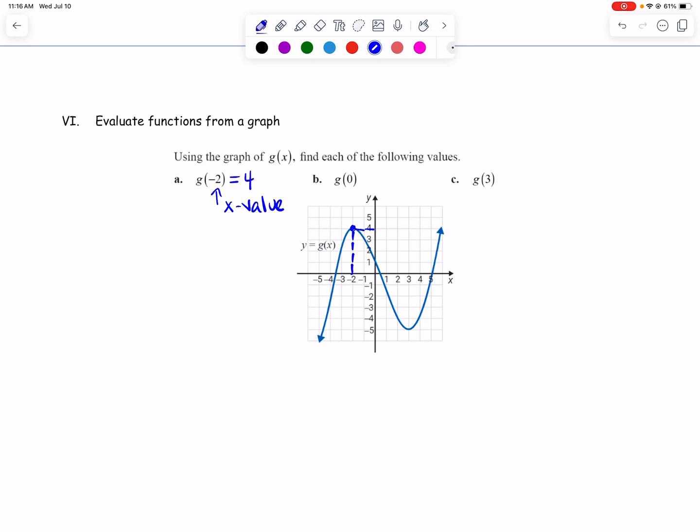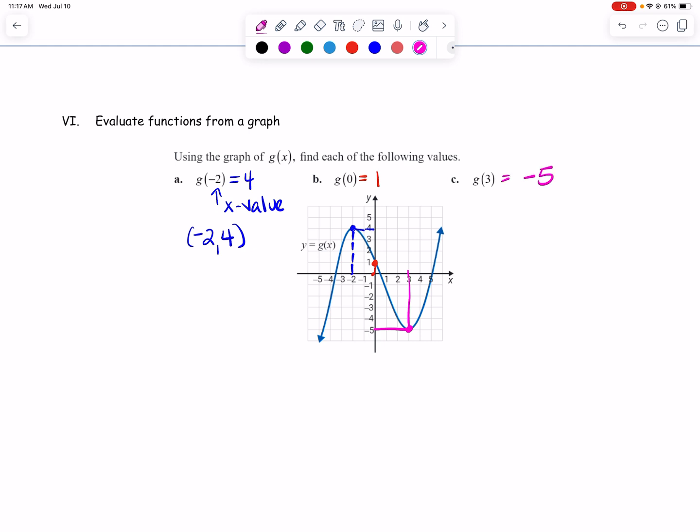Okay, so that creates the ordered pair of negative 2, 4 on the graph. Okay, when x is 0, okay, so here's x is 0, you're going to have to go until it hits the graph, and y is 1. And when x is 3, here's x is 3, you're going to have to go until it hits the graph, and y is negative 5.